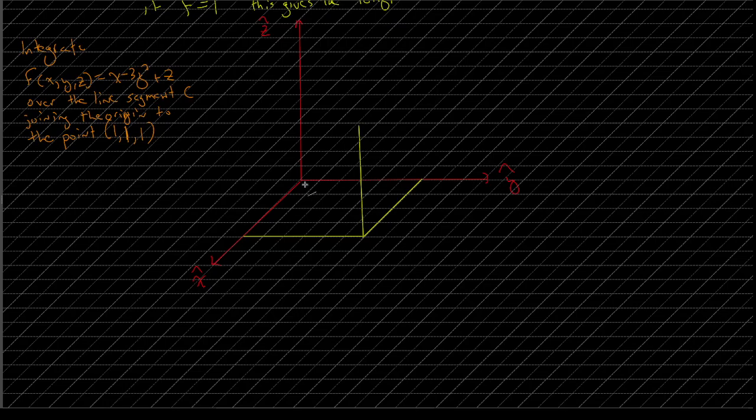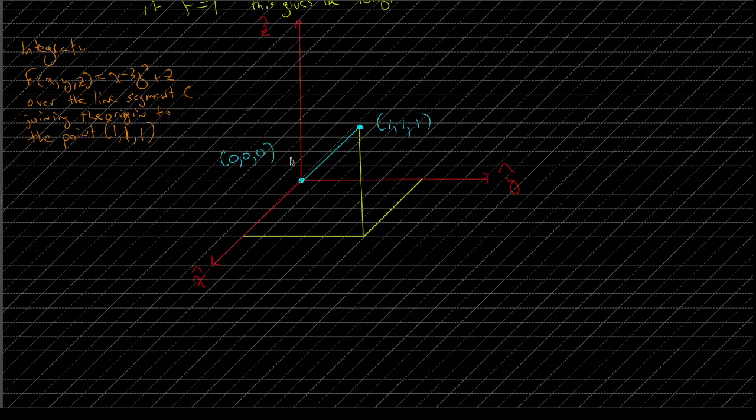And so the line segment that we're going to integrate over is that line segment. So there's the point 1, 1, 1. There's our origin, 0, 0, 0.